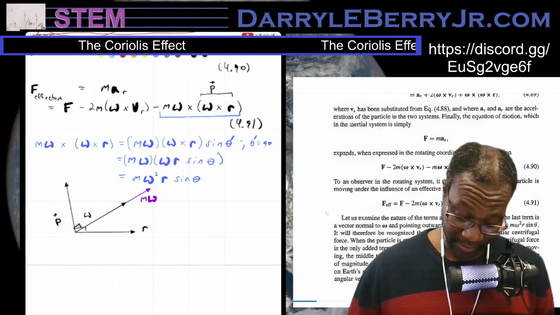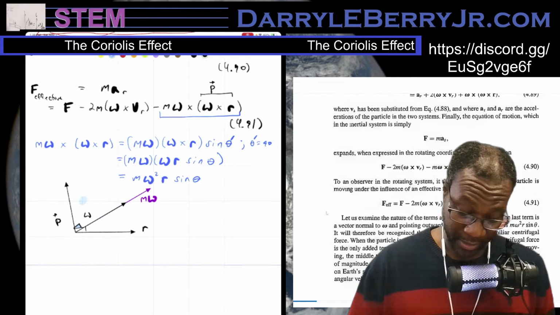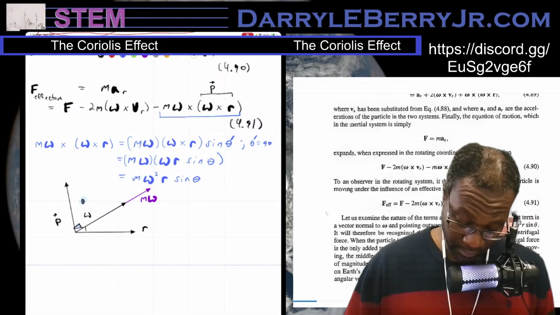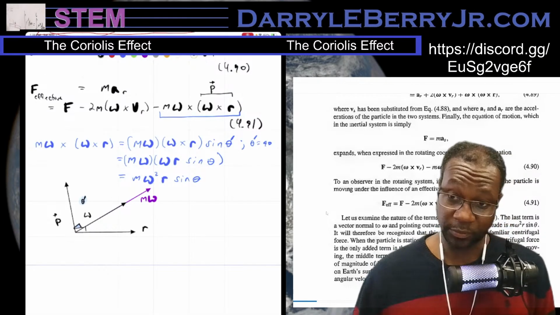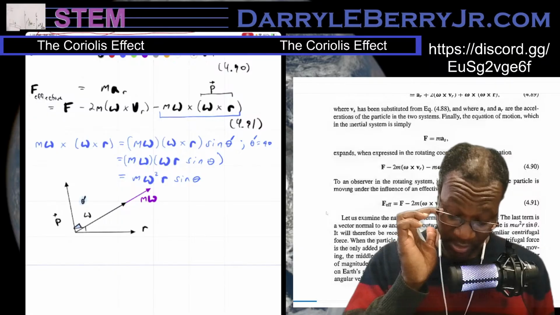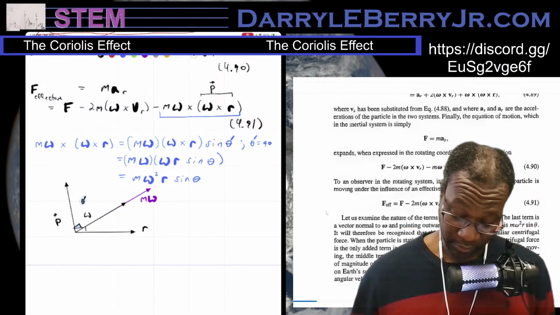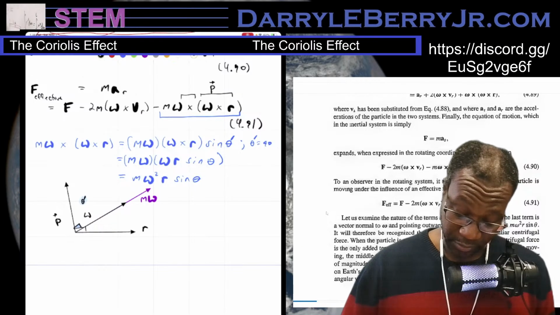So that means that this angle is theta prime in blue, and theta prime will necessarily be a right angle, which is the angle between these two.